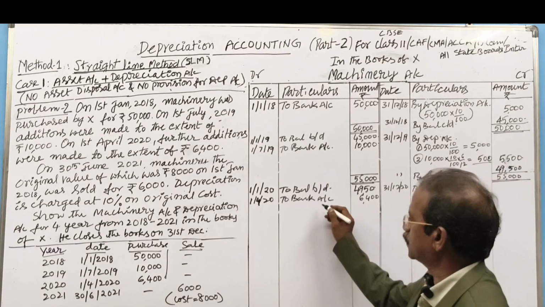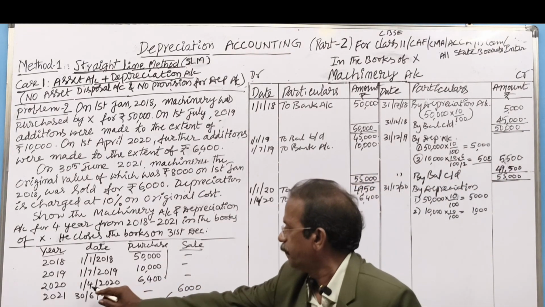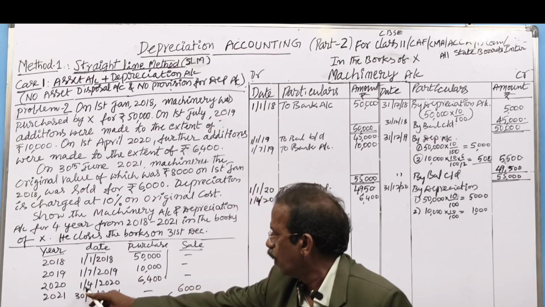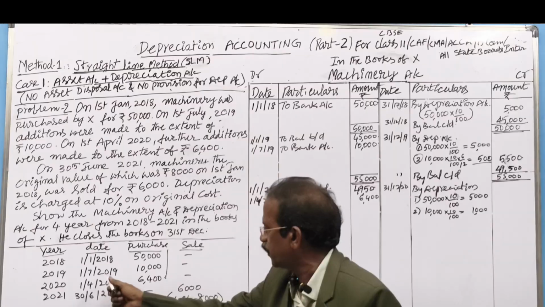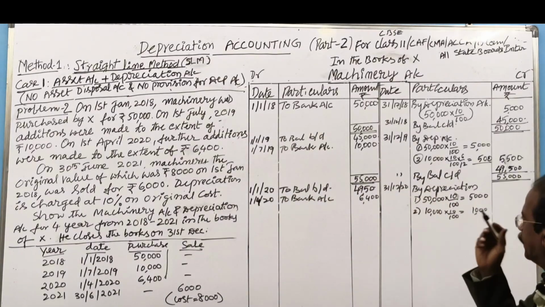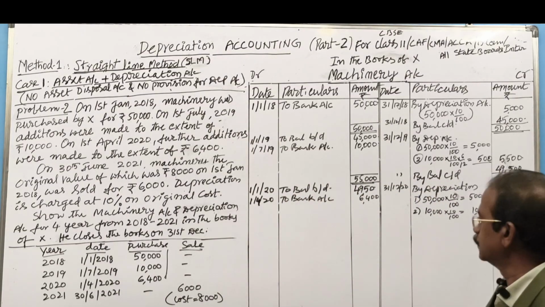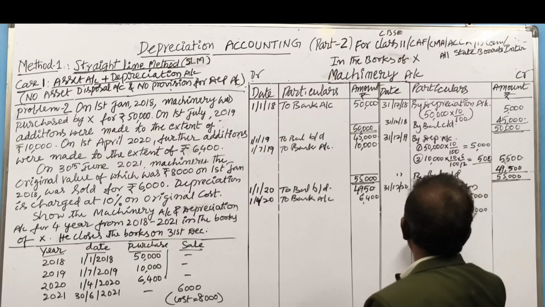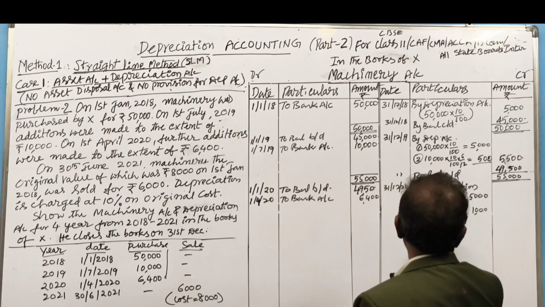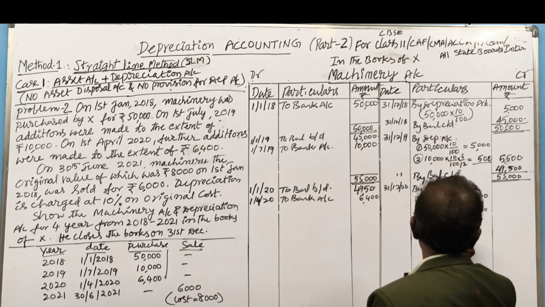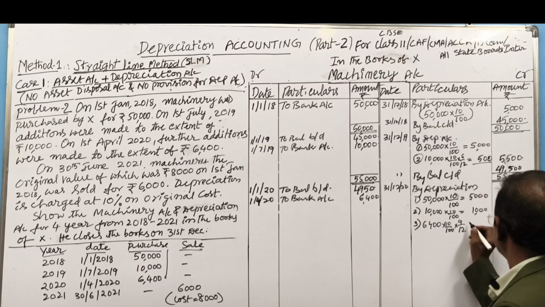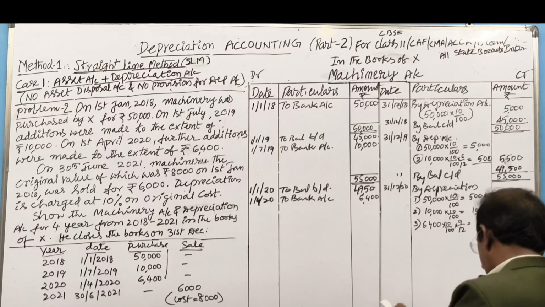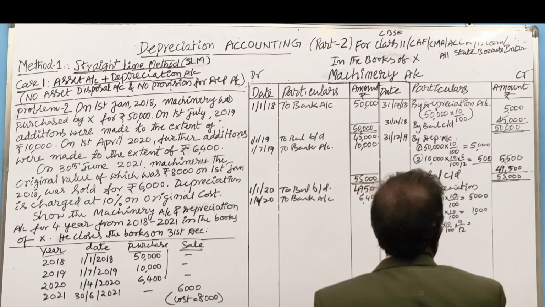Now coming to the third machine, we purchased it on 1/4/2020. From 1/4/2020 to end of the year, 9 months. For 9 months only we have to calculate. See, 6,400 into 10 by 100 into 9 by 12. The depreciation would be 480.